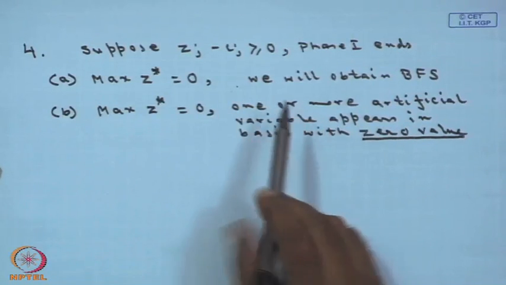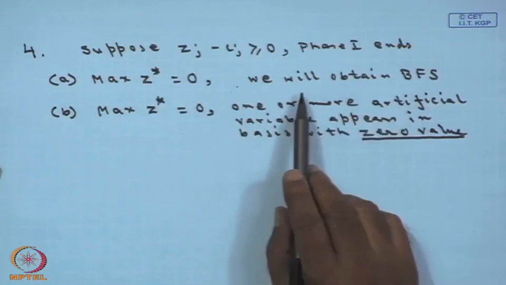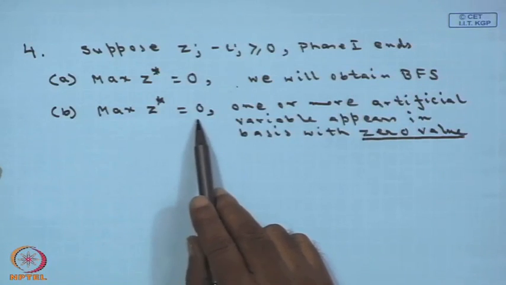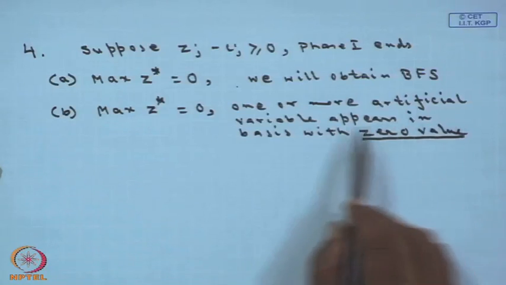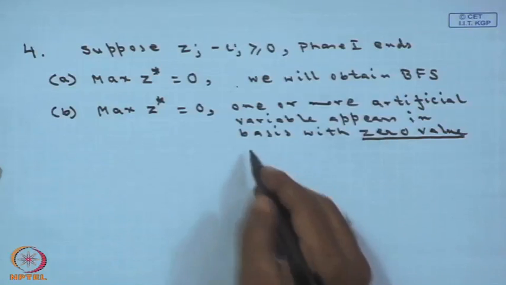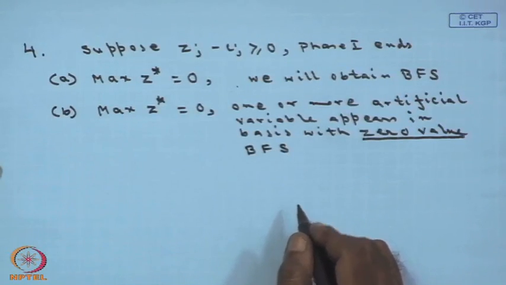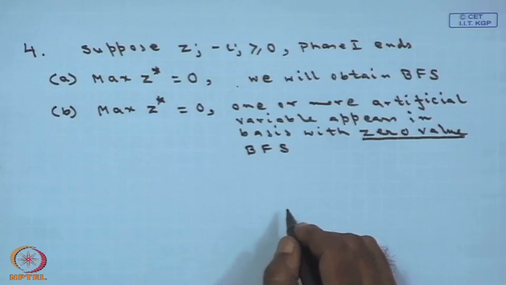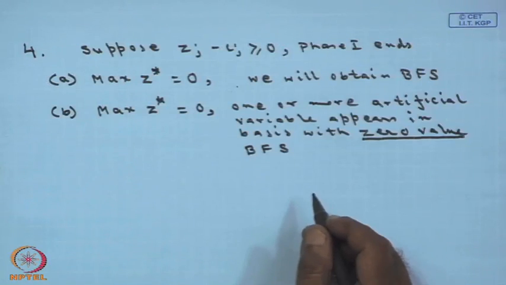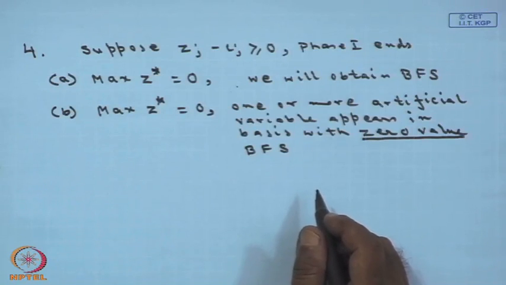So, first case is maximize Z star is 0 and artificial variables are not present in the basis, we will get the basic feasible solution. Second case is although maximum Z star is 0, but one or more artificial variables appear in the basis, but their corresponding value is 0. In that case also you will obtain the basic feasible solution, but it may happen that there is redundancy in the constraints. This we will actually discuss in the next class, how redundancy in the constraints occurs and how it affects the simplex tables.